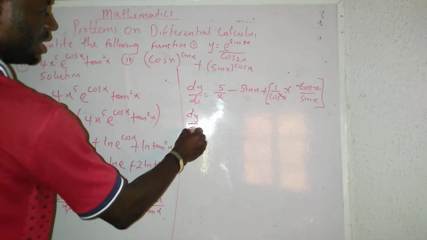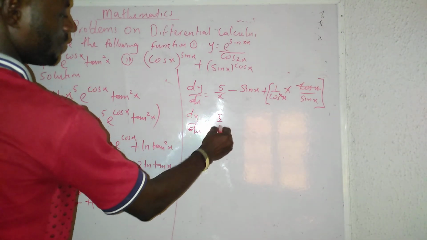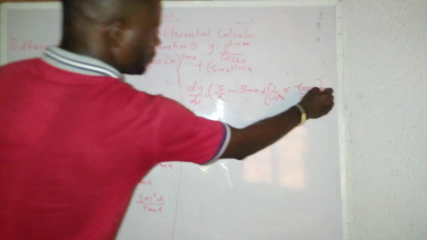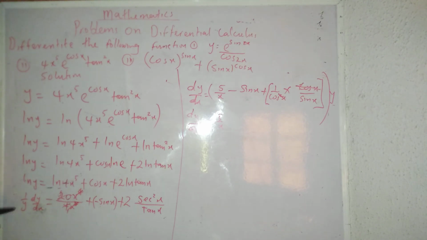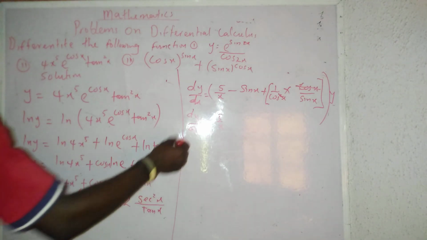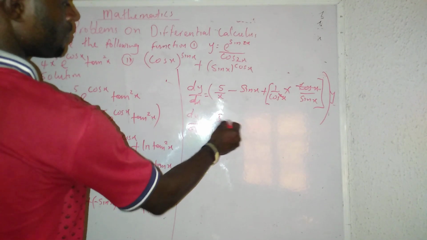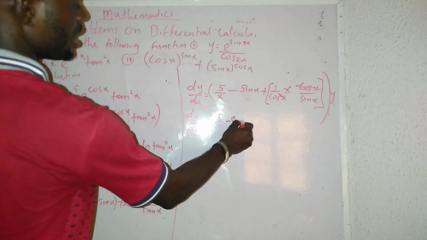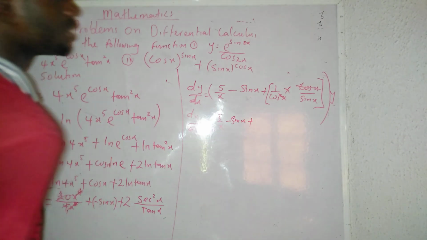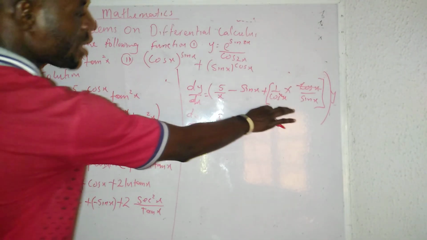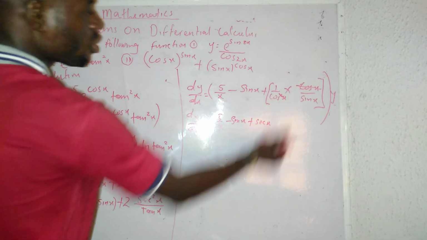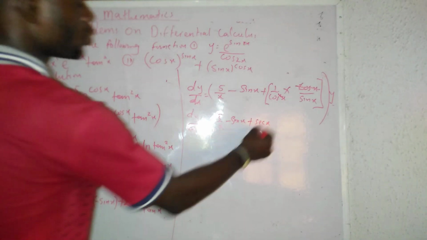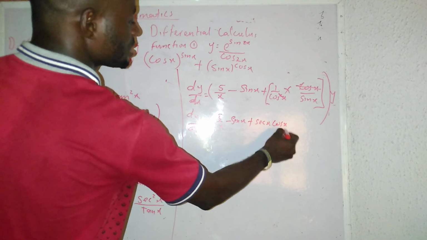Now, dy/dx equals 5 all over x, bracket of y, because I've multiplied both sides by y from here. Now I can write 1 over minus sine x plus, now 1 over cos is sec x, and 1 over tan is cosec x.